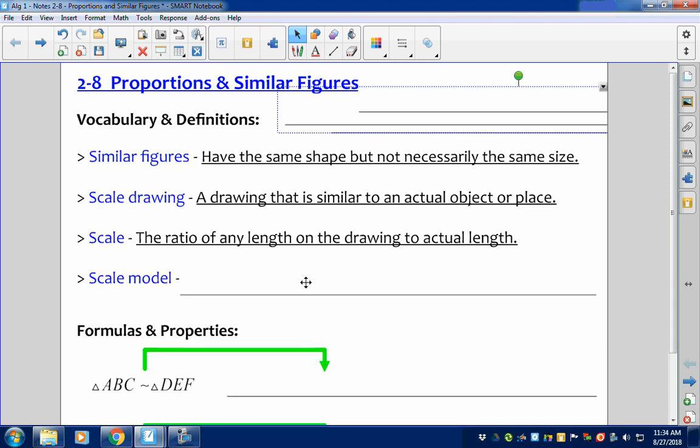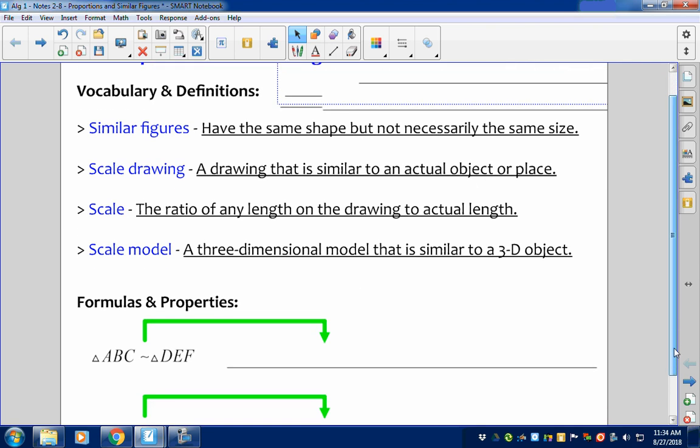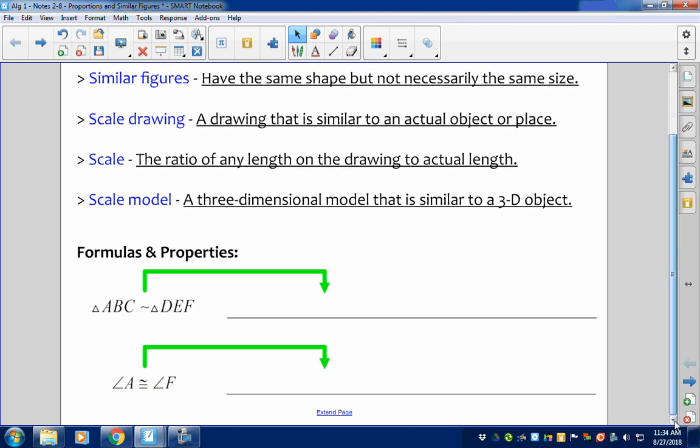And then finally, a scale model is a three-dimensional model that is similar to a 3D object.